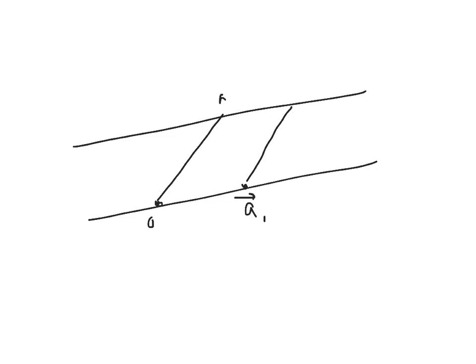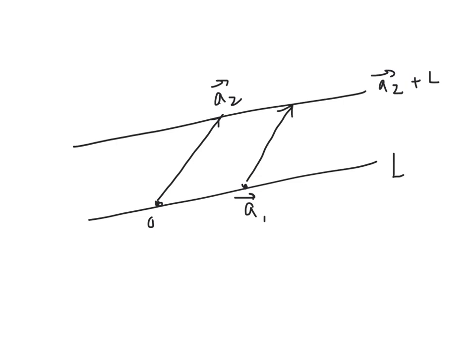This is the vector a2. These are parallel lines here. This is the line L, and this is the line where we've translated L by the vector a2.